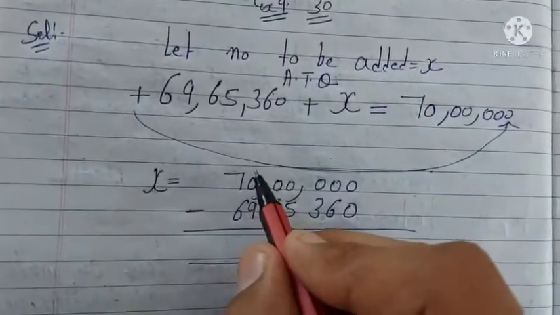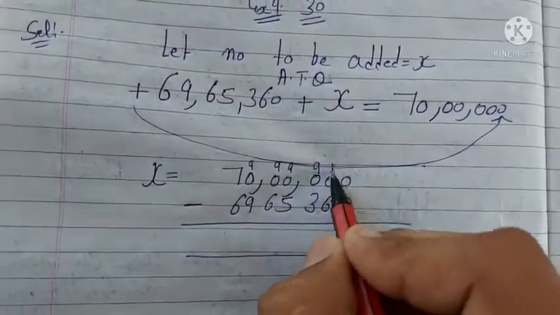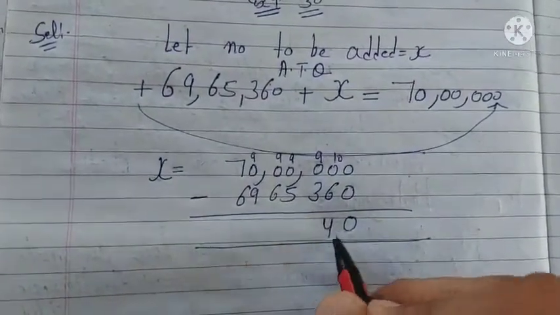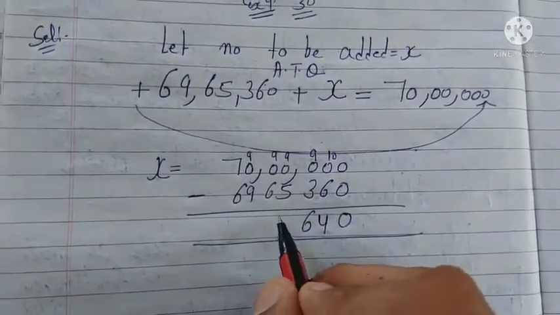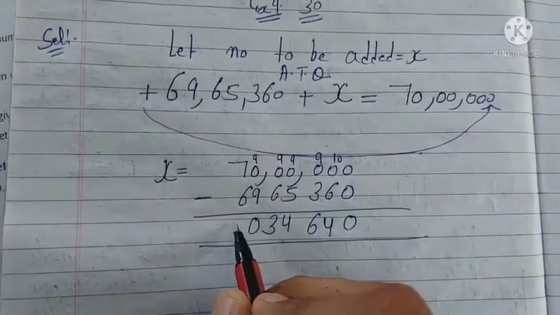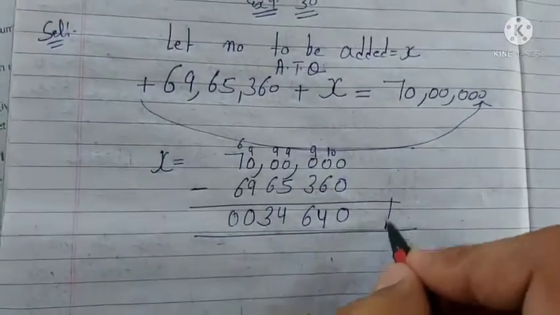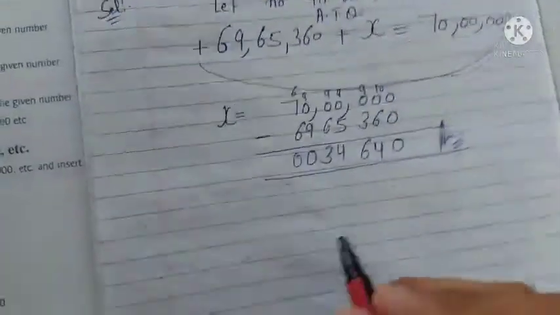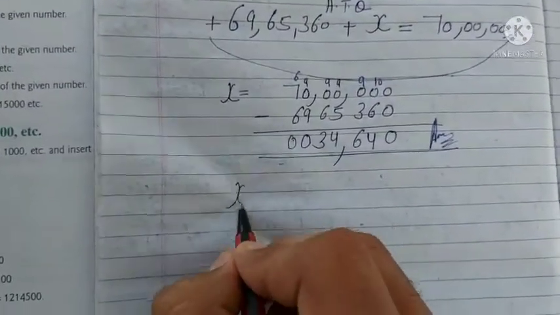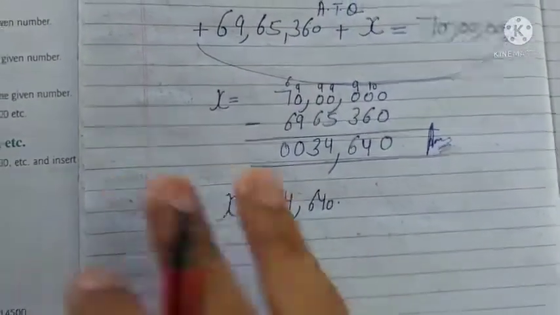Here it would be 10 9 9 9 9, and it would be 10. It would be 4 6 4 3 0, and here it is 6, so 0. So this is the answer, 34,640. So x equals 34,640.